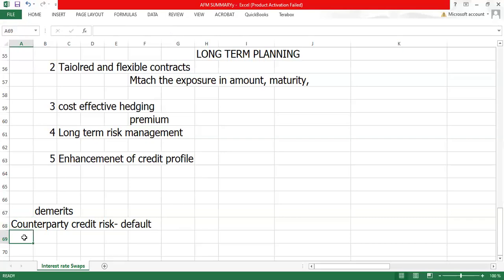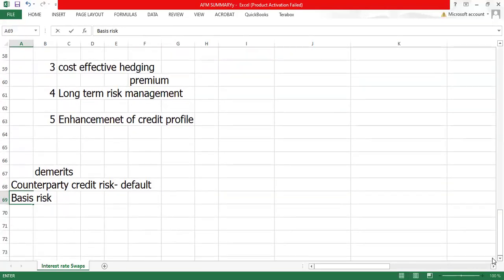There is also that risk of basis risk. It also comes here again, because you may think that the floating rate may be high, but at the time of the transaction, actually the actual rate is not high.